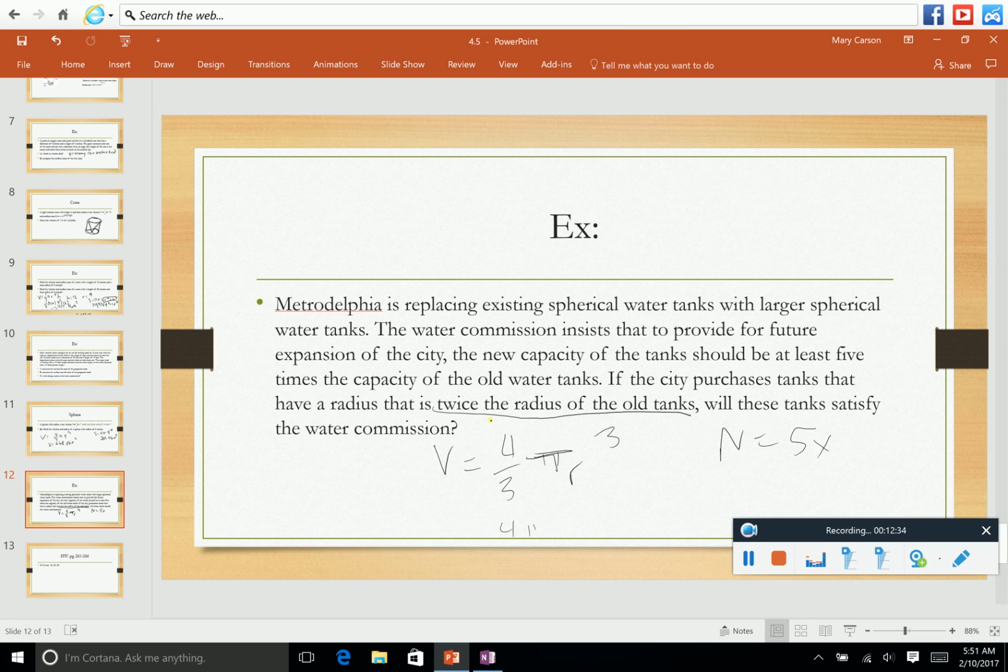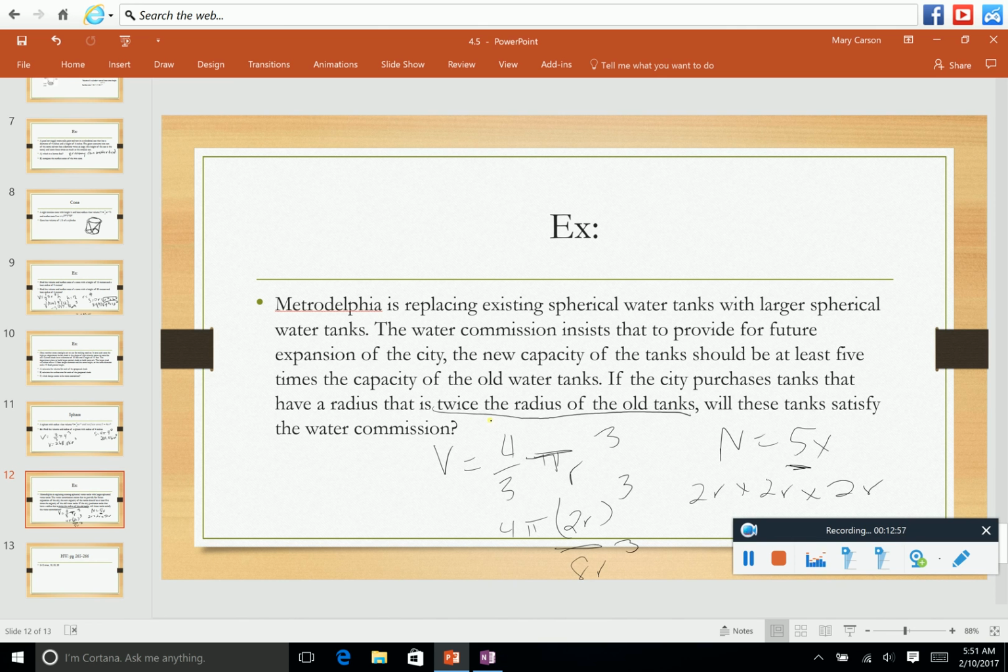If we put in twice the radius, can we figure out if we'll get 5 times as much? So how would I simplify this? This is 2r cubed. That means 2r times 2r times 2r. So that would be 8r cubed.